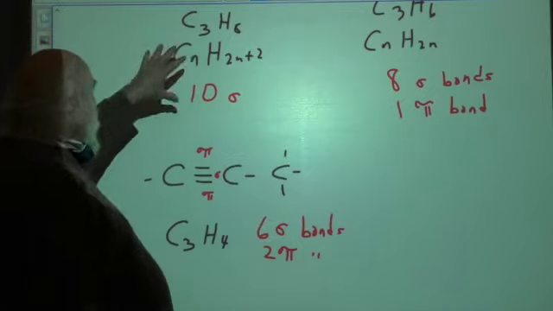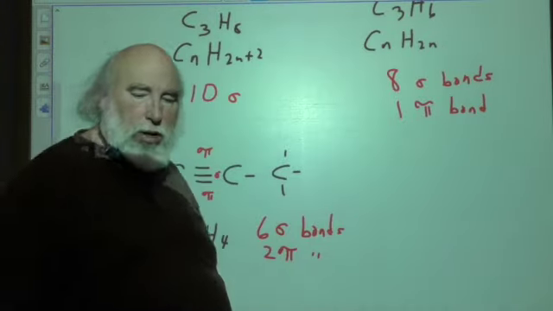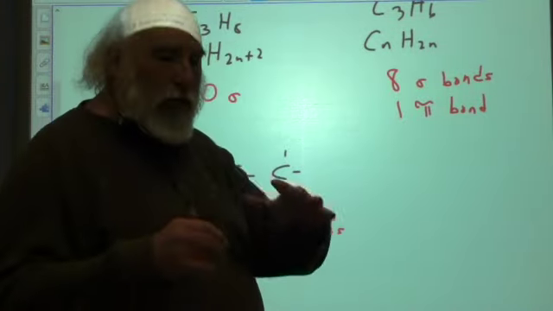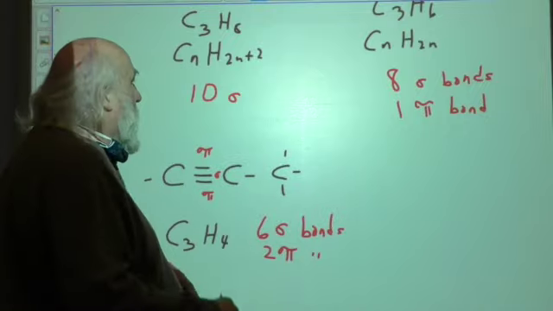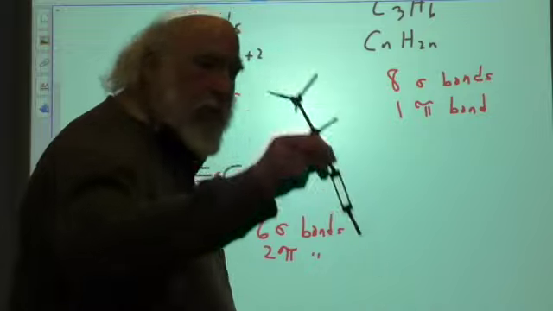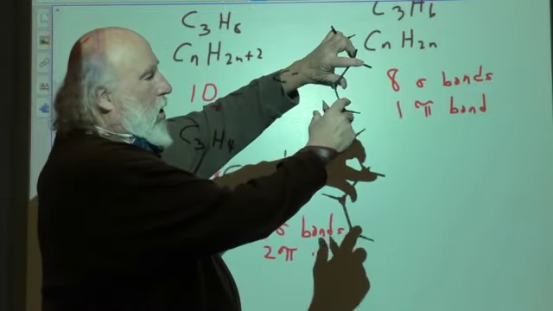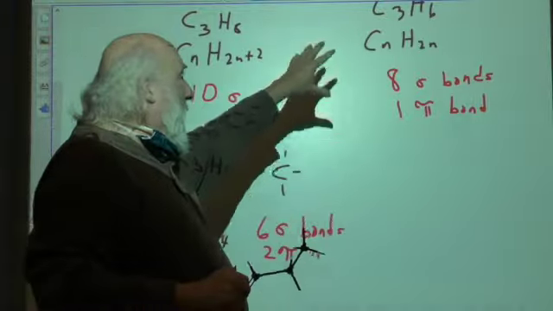Now remember, alkanes are all 109.5 degrees tetrahedral. They all form these four-sided figures around them. At the location here, you can see this is 120 degrees and triangular. That's at the double bond.